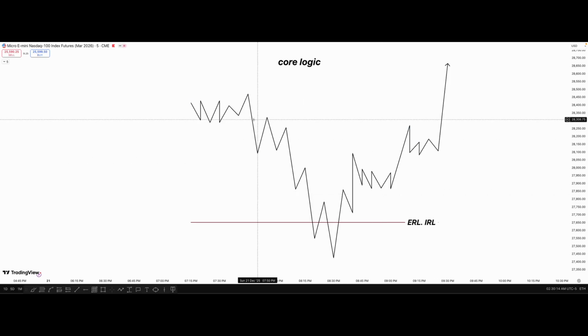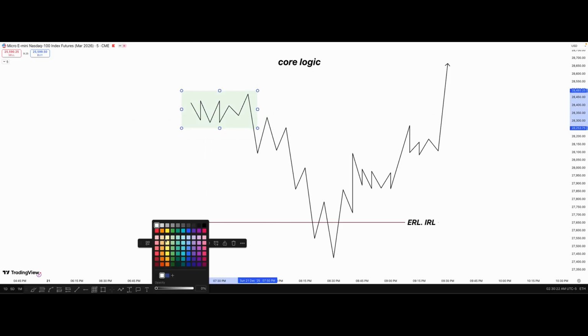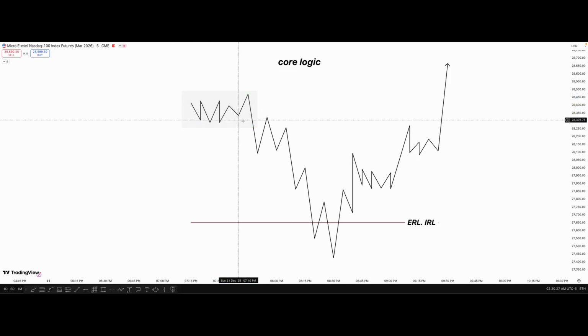The first aspect is when the first consolidation happens, something like this. What is the main thing happening here? The consolidation will be very choppy, right? It will not actually manipulate, it will not distribute. It will just create a range with less liquidity of that sort.